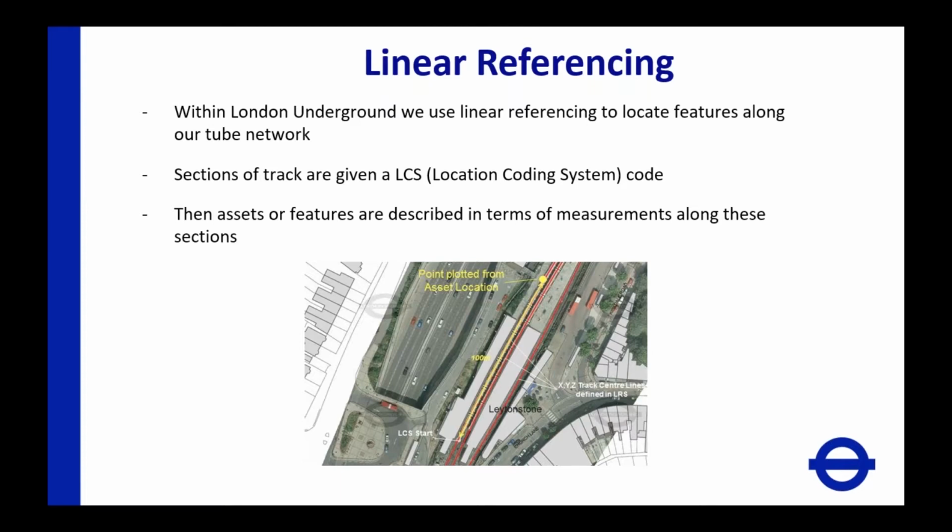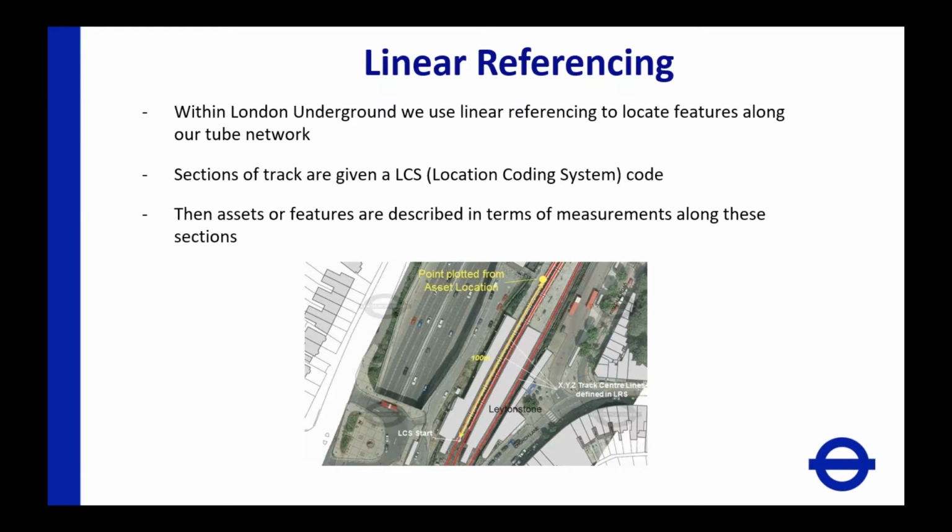And then particular assets and features are described by measures along these sections of track. So we might say something like a signal is located 100 meters in on LCS code, blah, blah, blah. Or a particular material is in use from 250 meters to 2000 meters, again along a particular LCS code.